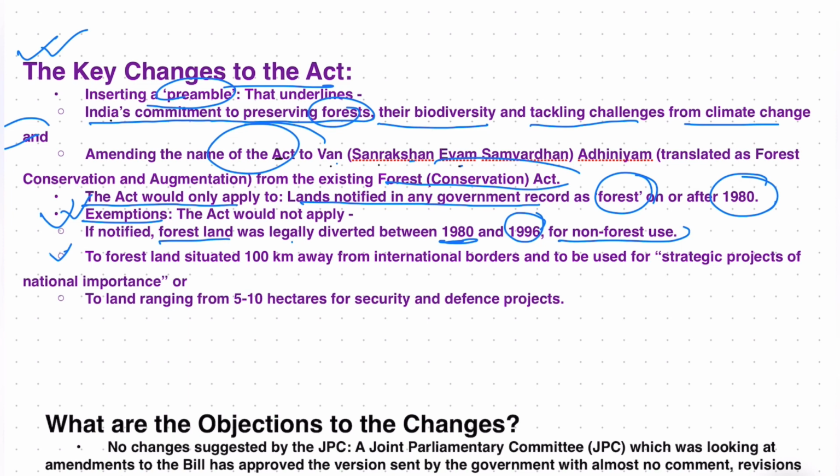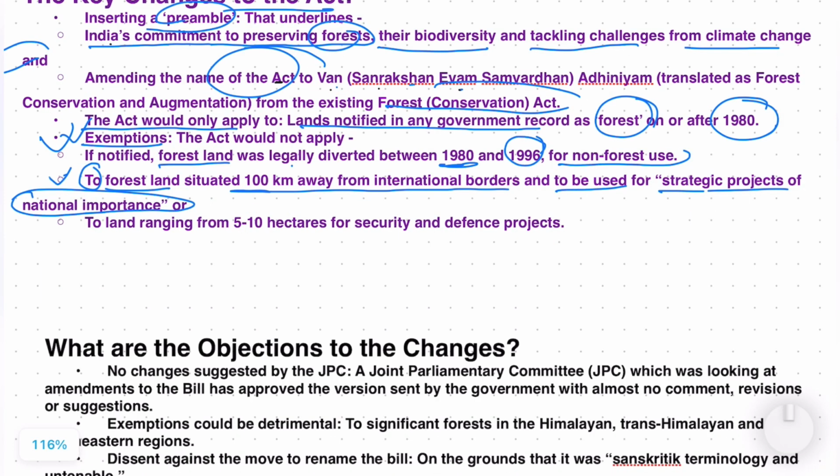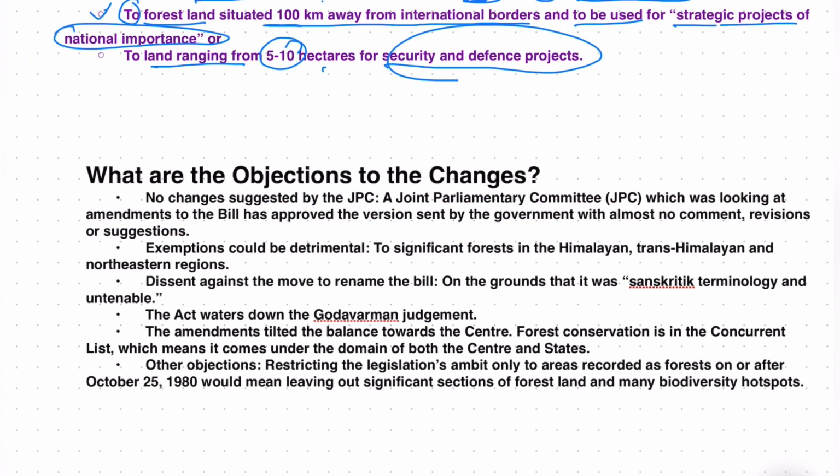The next exemption applies to forest land situated within 100 km of the international border and to be used for strategic projects of national importance. This exemption will also apply to land ranging from 5 to 10 hectares for security and defense projects. But these changes are facing some objections.